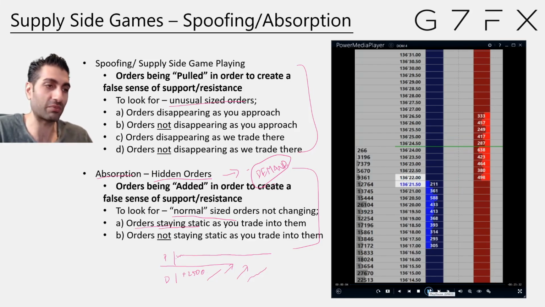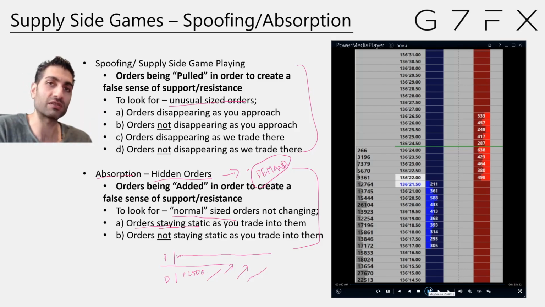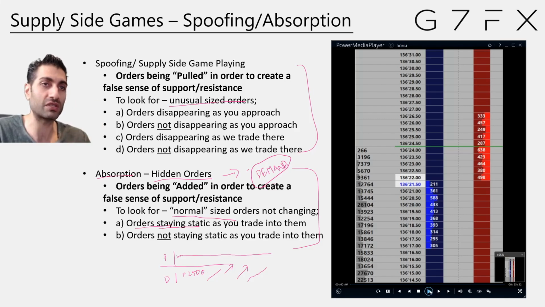That's the brilliance of the footprint. Love it, because you can see this stuff without having to, I mean, obviously it's interesting to see what's going on in supply, but guys, at the end of the day, if there's loads of people buying and the price isn't moving, they are getting trapped. Simple as that. I just think it's useful for you to see this on the depth of market happening.